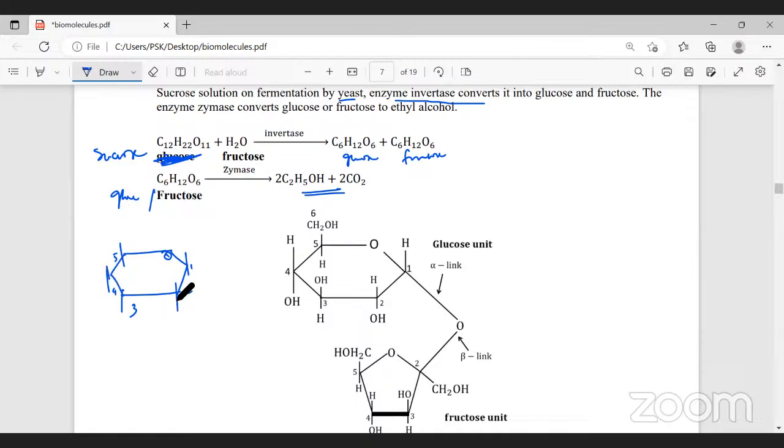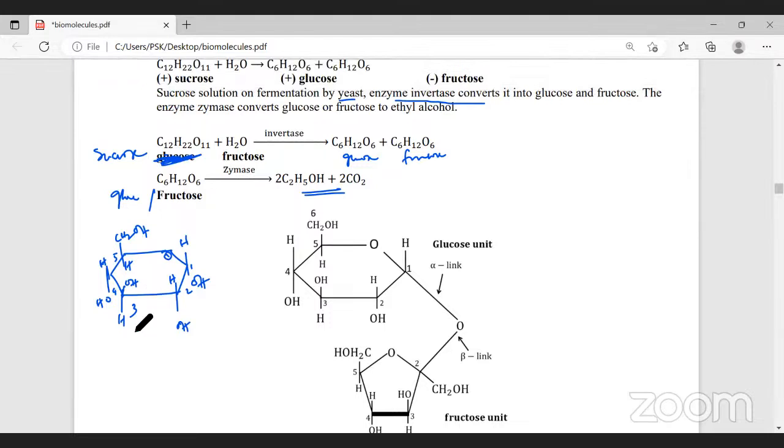Since it's alpha D plus glucose, hydrogen will be above the plane on the right, OH here, H here, OH here, and CH2OH here and H. This is alpha D plus glucopyranose.